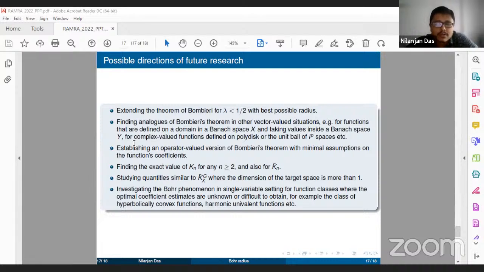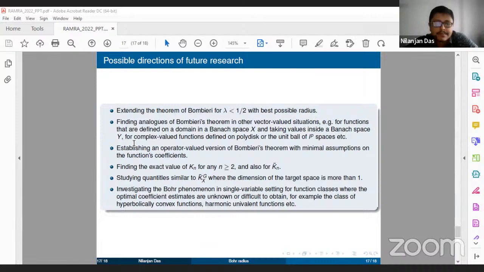Also, one can try to find analogs of Bombieri's theorem in other vector valued situations, like functions defined on a domain in a Banach space X that take values inside another Banach space Y, or complex valued functions defined on the polydisk or the unit ball of L^p spaces. All kinds of abstract situations, maybe.